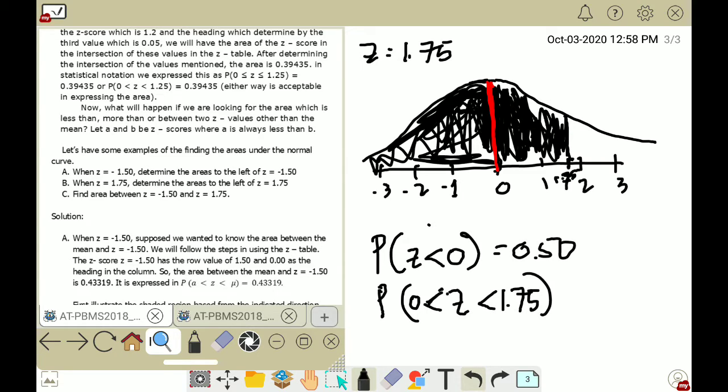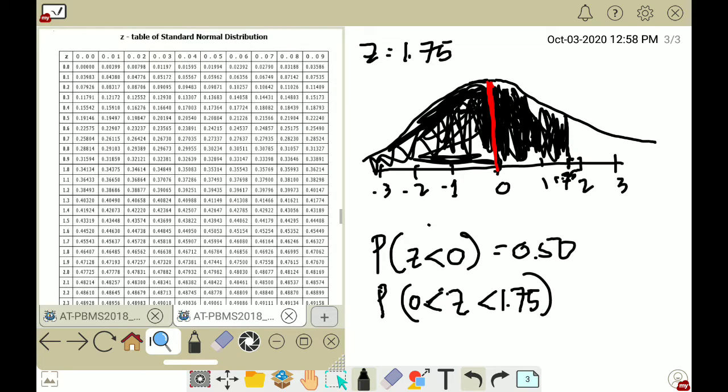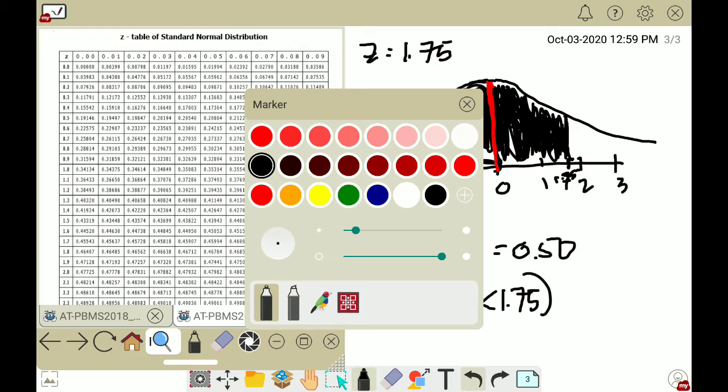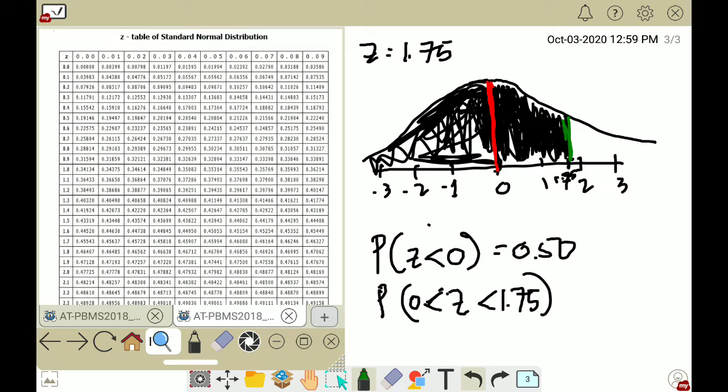1.75. Okay, if that's the case, of course, go back to your normal curve, since it covers the area between the mean and 1.75. So here is your 1.75. 1.7, of course, and 0.05.